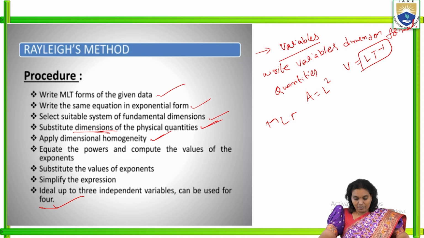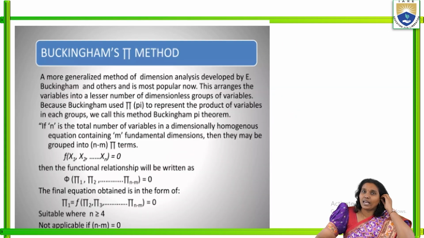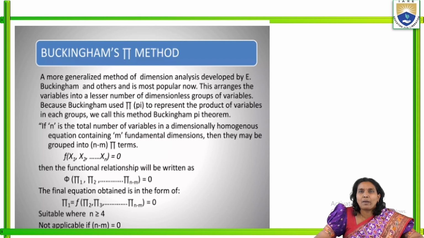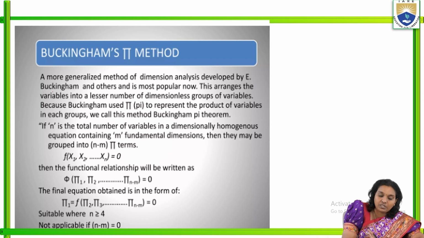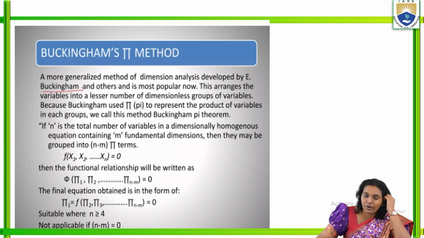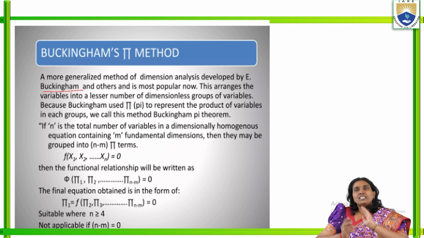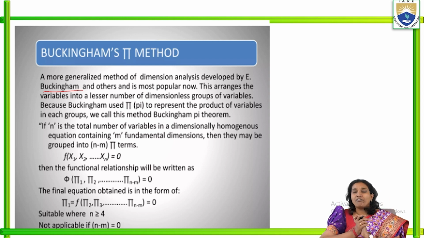This is one of the methods. Next, move on to Buckingham's pi theorem. It is a more generalized method of dimensional analysis developed by E. Buckingham and others, and it is most popular now. It arranges the variables into a lesser number of dimensionless groups of variables.